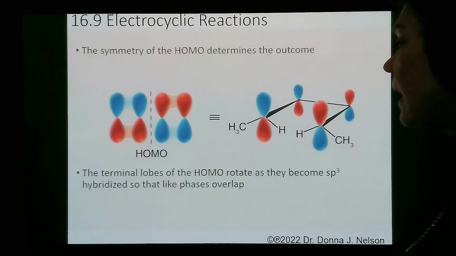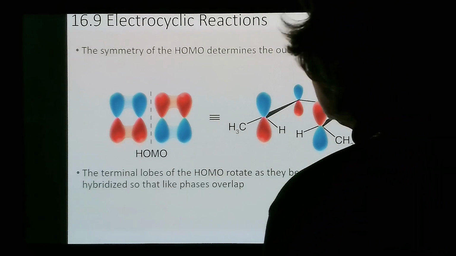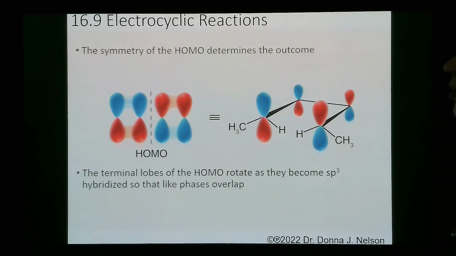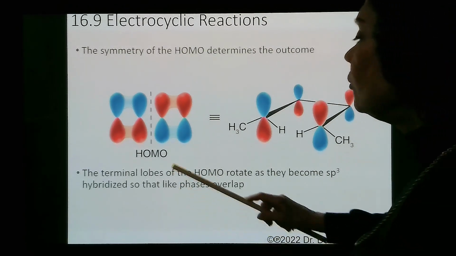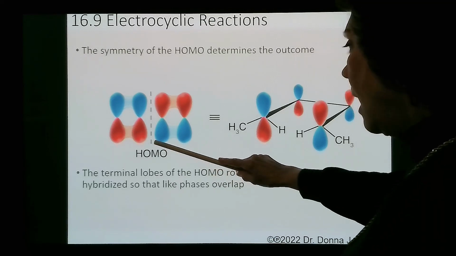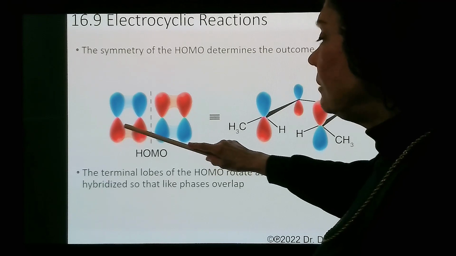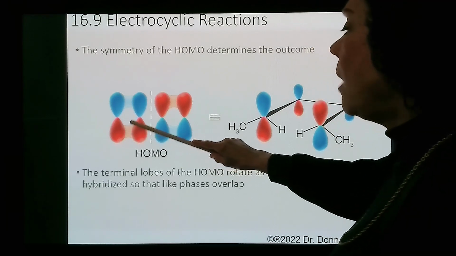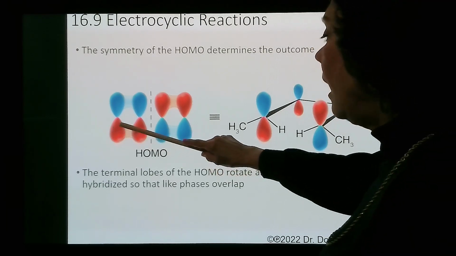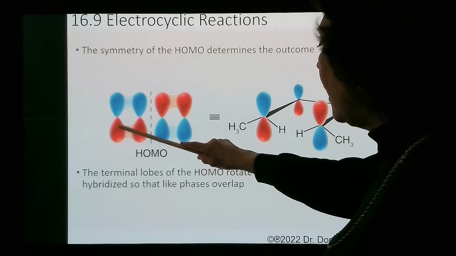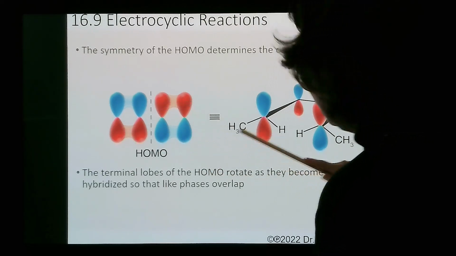This is showing what happens when you have 4 pi electrons, and this is under thermal conditions. So this is the HOMO. This is Psi2, the HOMO, and you can see that you have the red lobe on the bottom and a red lobe on the top.